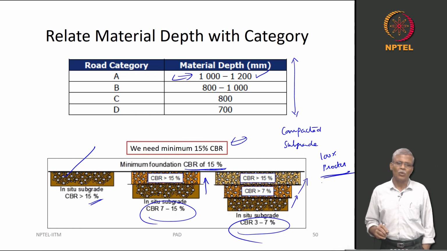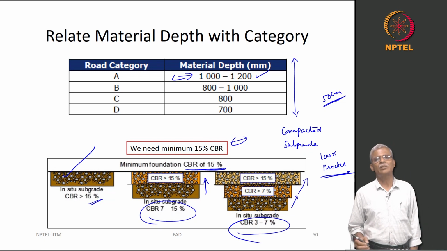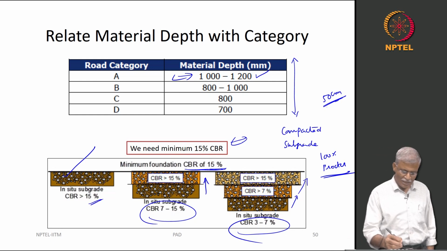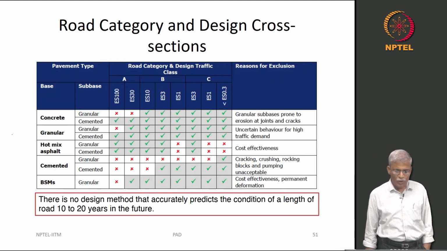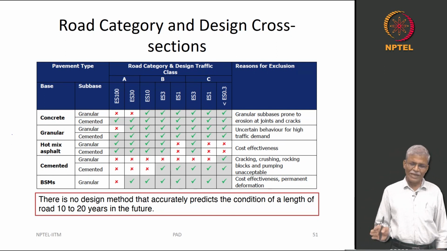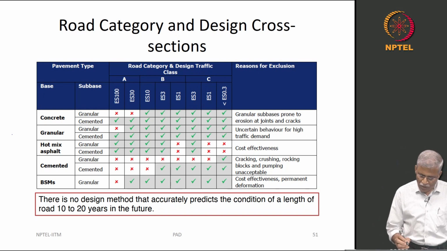So, that is going to be of the order of 50 centimeter. Now, is this constant for all the highways? That is not very clearly given, but here I am able to see that this is given in terms of the road category. Now comes the critical thing here: what are all the road categories and what are all the design cross sections.